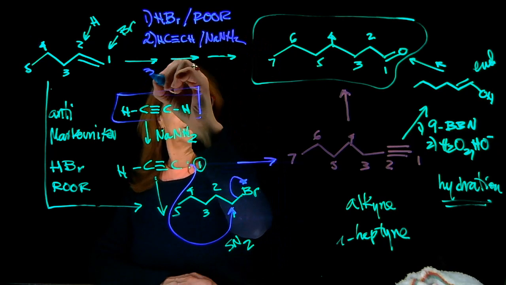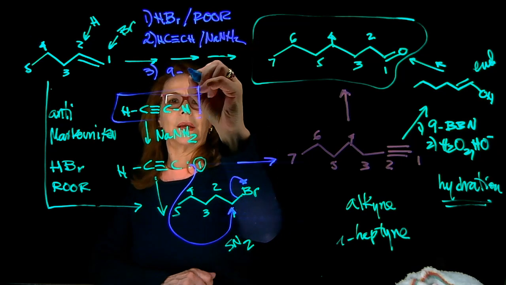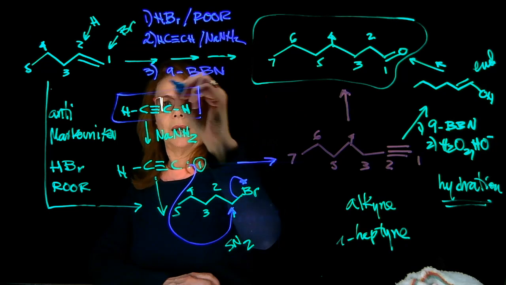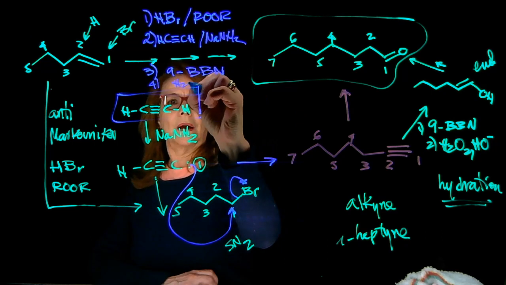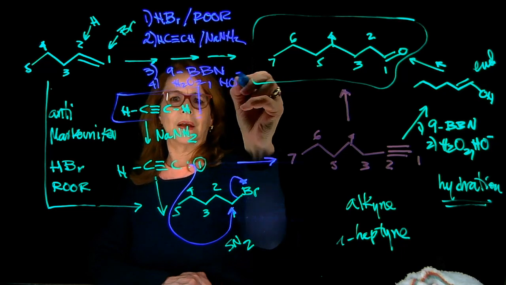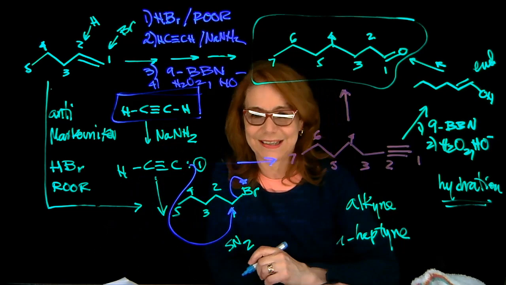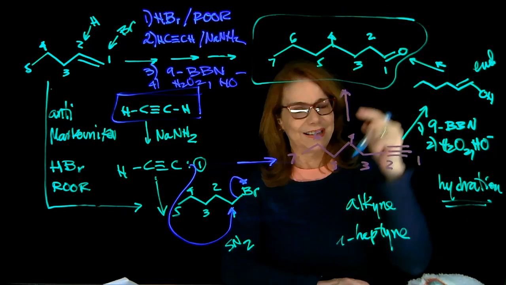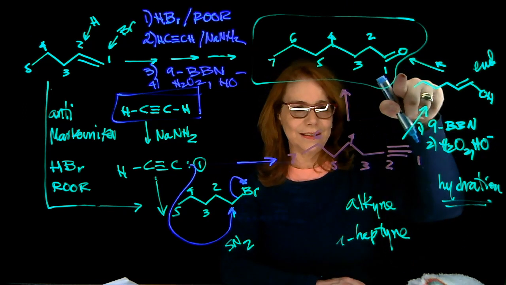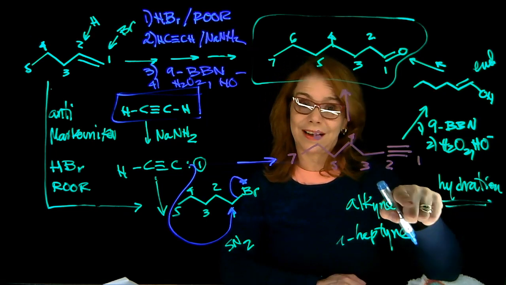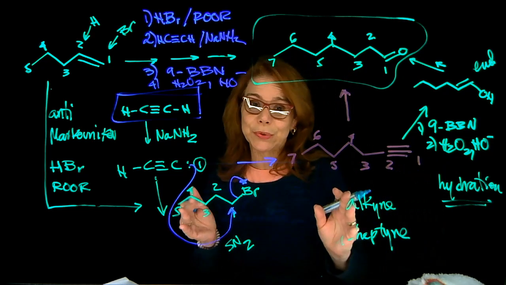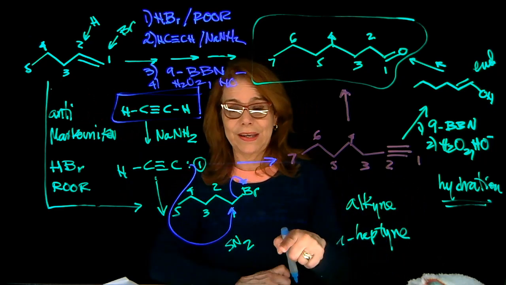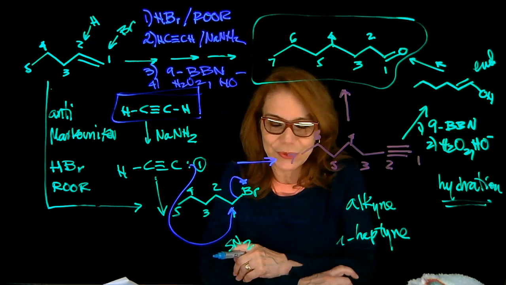And in the third step, the hydration, so 9-BBN followed by the oxidation with hydrogen peroxide. So that is the sequence that I need to do. But again, you need to do the retrosynthetic analysis. I have 7 carbons. That's an aldehyde, which can come from the anti-Markovnikov hydration of an alkyne, and then I need to put the pieces together. I had 7, I have 5 here, and how do I put 2 more carbons? Those came from acetylene.